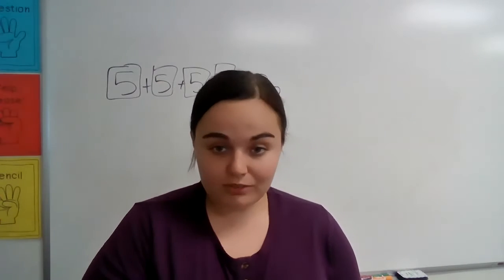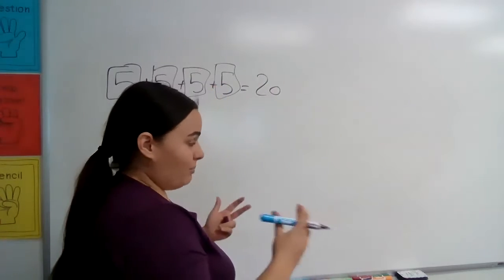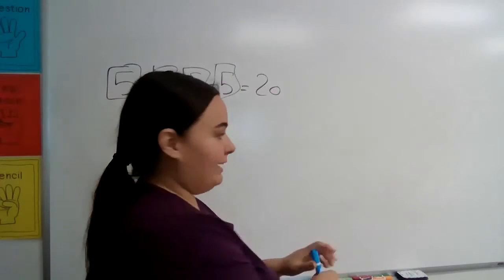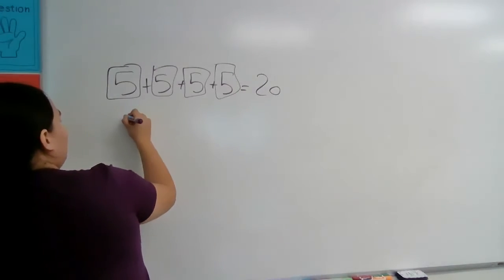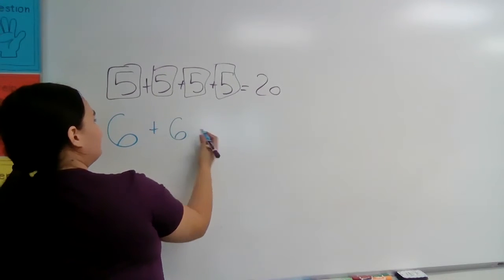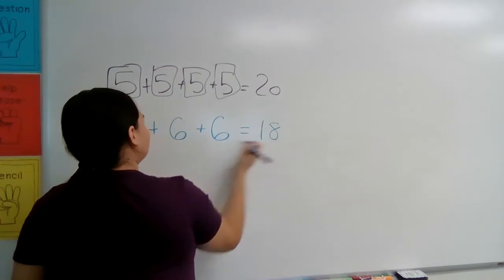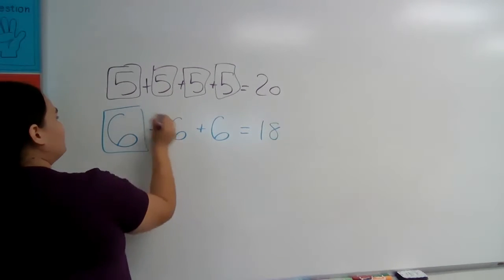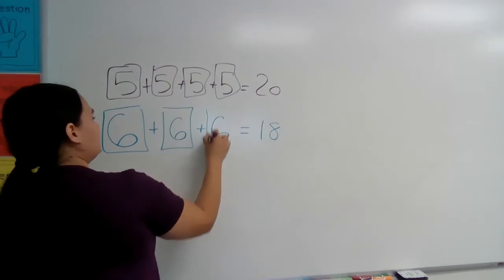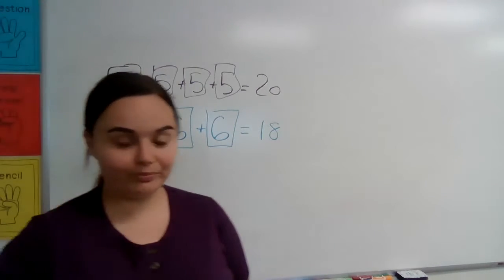I also know that I can arrange 3 groups of 6 to represent what Mrs. Carp had. So I can say 6 plus 6 plus 6 more equals 18 over here. Okay? Again, having those 3 separate groups, but 6 of them in each.